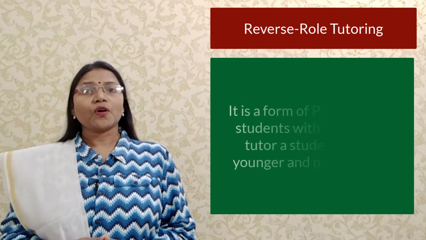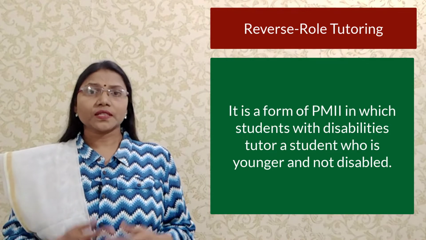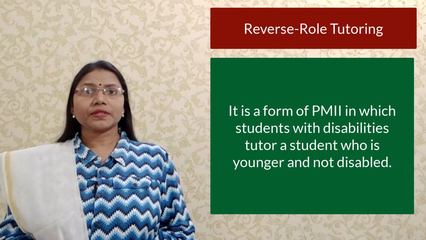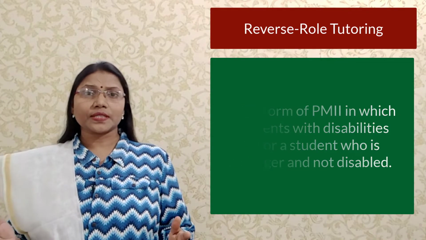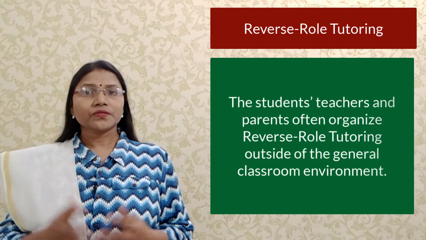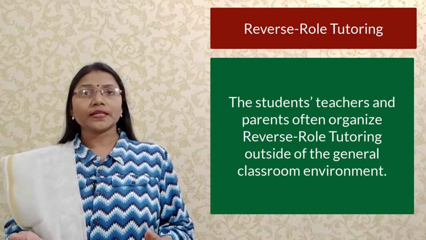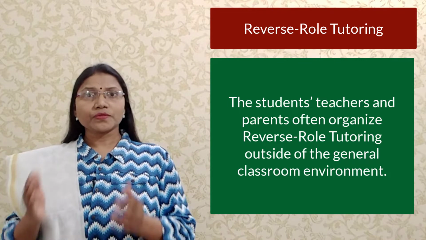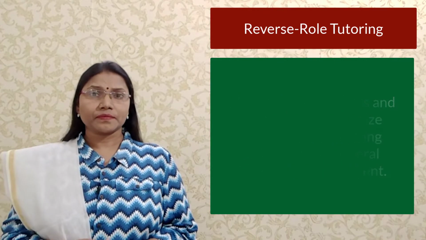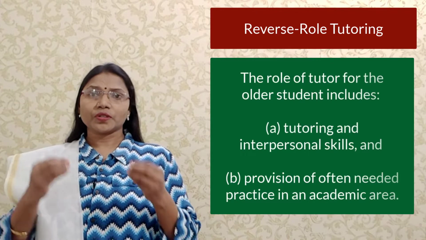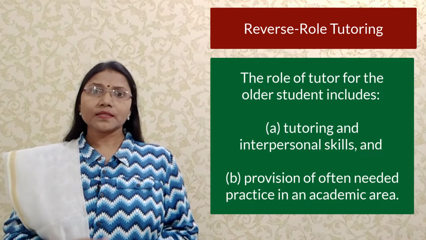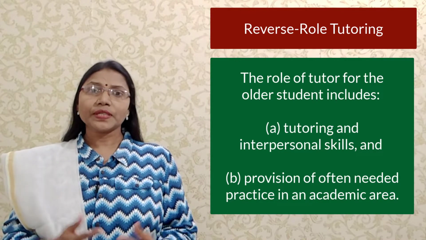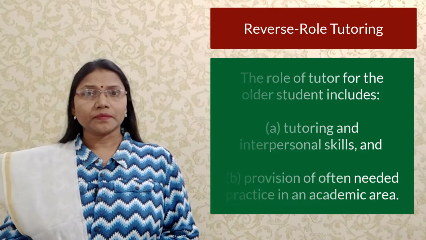So number one, reverse role tutoring. It is a form of peer-mediated instruction and intervention in which students with disabilities tutor a student who is younger and not disabled. The students, teachers, and parents often organize reverse role tutoring outside of the general classroom environment. The role of tutor for the older student includes tutoring and interpersonal skills and provision of often needed practice in the academic area.